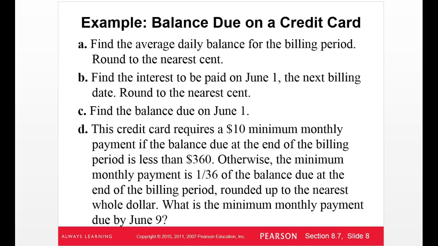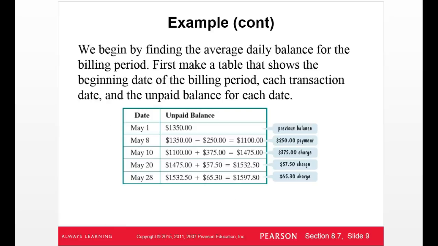If we want to find the average daily balance for the billing period, rounded to the nearest cent, we take our bill and break it down into what the balance was at different time periods and how long it was at that balance. If you notice, we have May 1st, our $1,350 balance. On the 8th we made that payment, so for 7 days it was at $1,350, right?